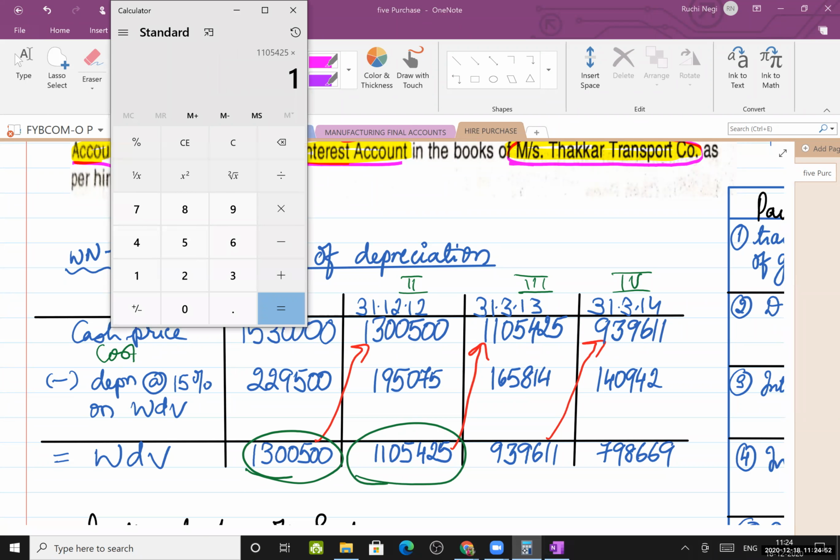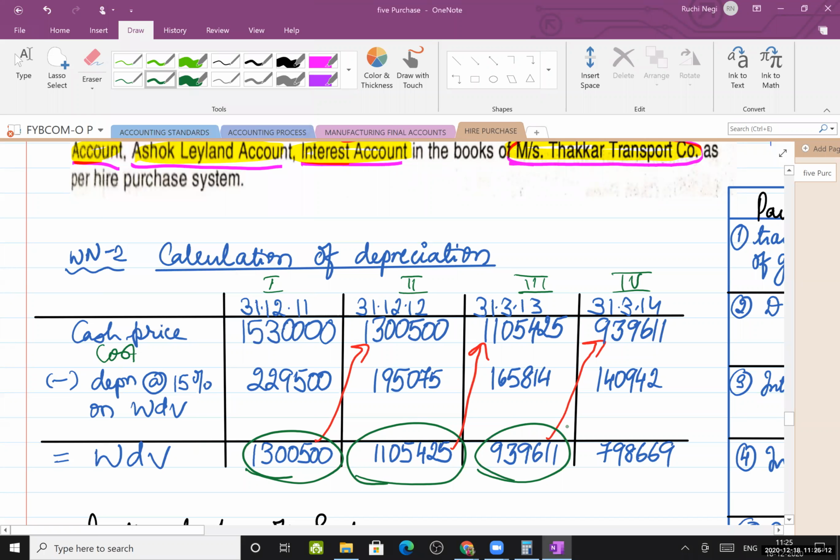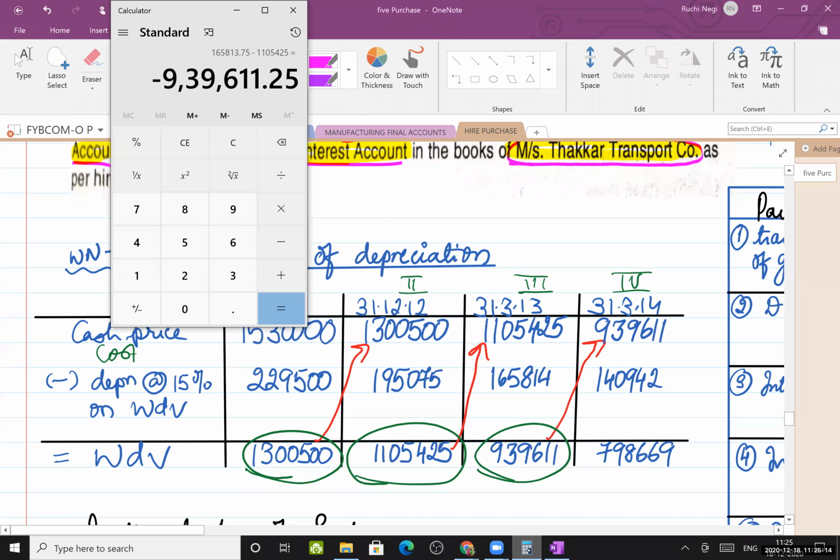Again, I'm going to calculate 15% depreciation on the opening WDV. That is 1,65,813.7, rounded off it will be 814. 9,39,611. This closing will become opening, and then I will calculate 15% depreciation. 1,40,941.6, that is 942 rounded off.